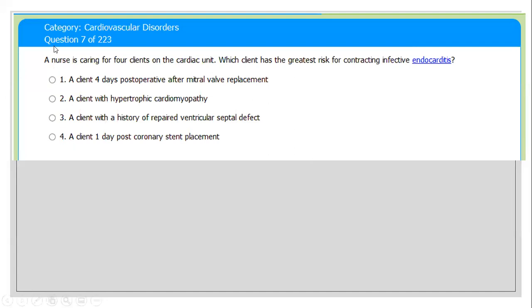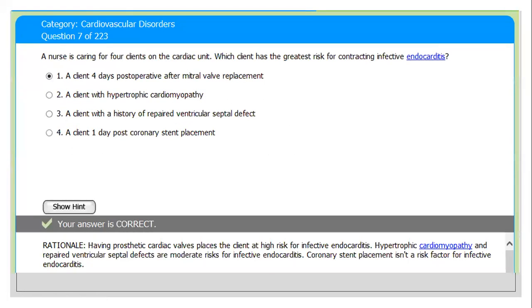So out of 4 patients, which patient tends to get infection? Definitely the patient who will stay a longer time in hospital, the client 4 days post-operative valve replacement. So the chance to get infection is higher, right?